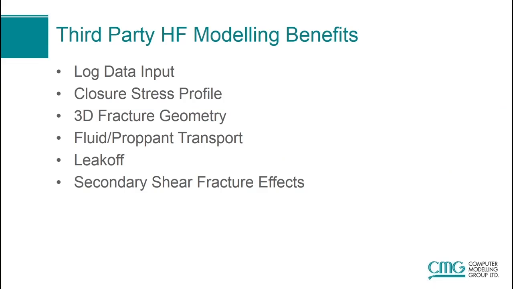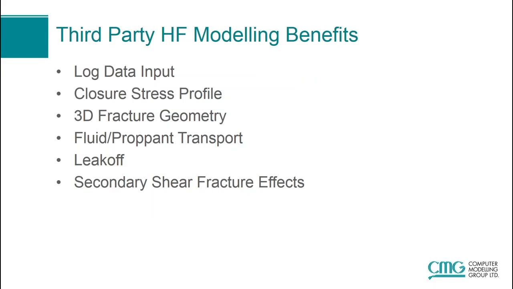You can generate the closure stress profile, take into account 3D fracture geometry, iteratively couple the distribution of fluid pressure to proppant concentration, and compute leak off at each point along the fracture surface. Also, they incorporate the effects of secondary shear fractures. All of these are reasons we want to integrate this data into our models.